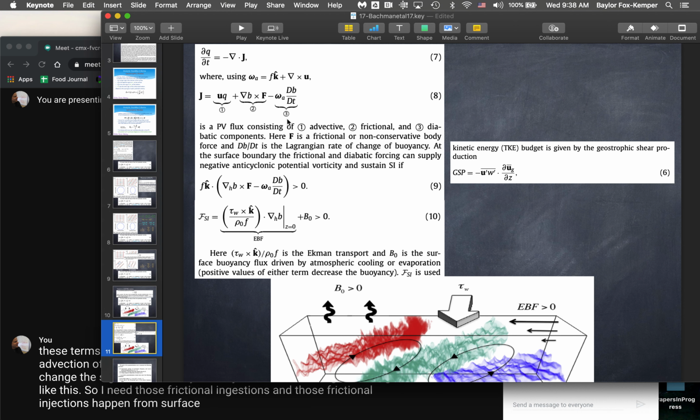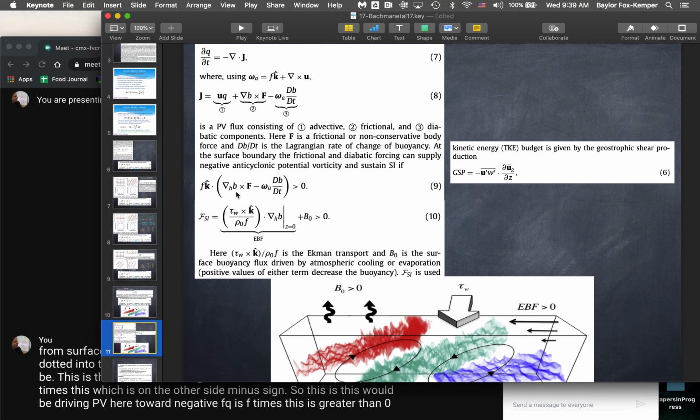So if we just rewrite this down here, here's F dotted into that PV flux. So this is FQ. This is the forcing that would tend to make your PV negative. F times this, which is on the other side with a minus sign. So this would be driving PV toward negative if F times this is greater than 0.